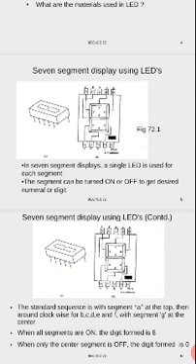When only the center segment is off, the digit formed is 0.